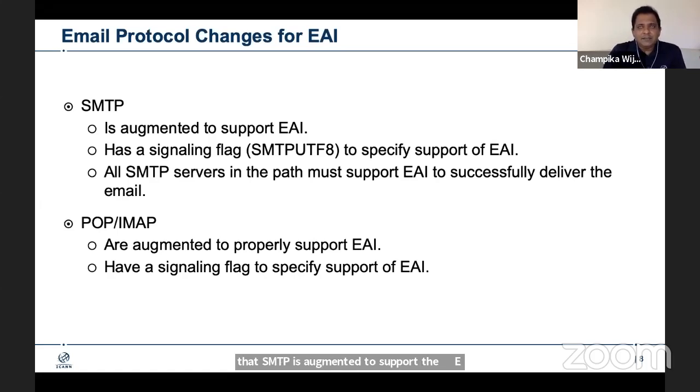This is done with a signaling flag, which we call SMTPUTF8. So we have to make sure that all the mail servers can support EAI, and you have this flag SMTPUTF8. The other important consideration is that when we send the email, all the mail servers in the path should also support EAI.